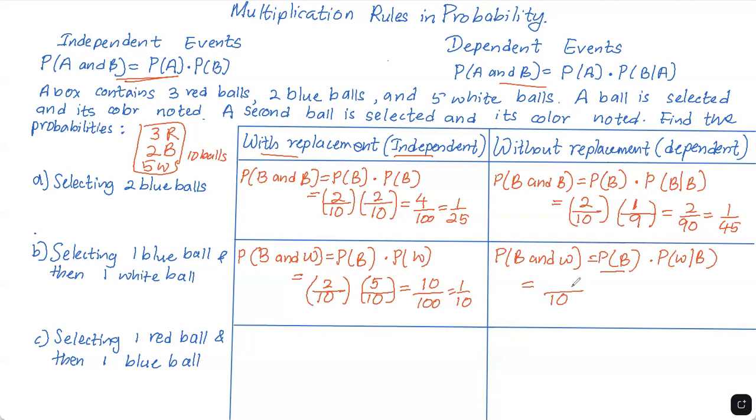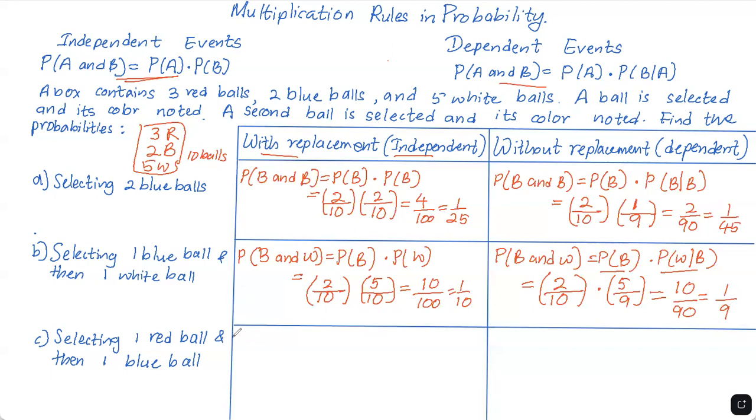Initially you have 10 balls and 2 of them are blue, times this one. Now without replacement, in the box we have 9 balls. Out of 9 balls, how many of them are white? We have 5 white balls. So this equals 10 over 90, which is 1 over 9.